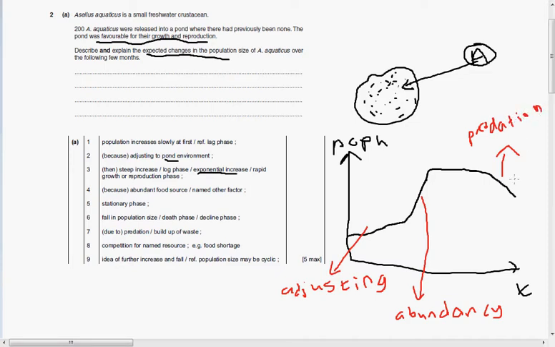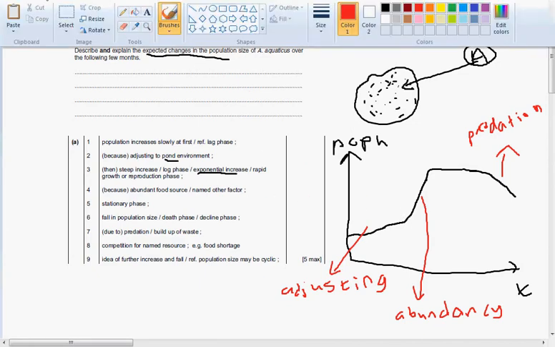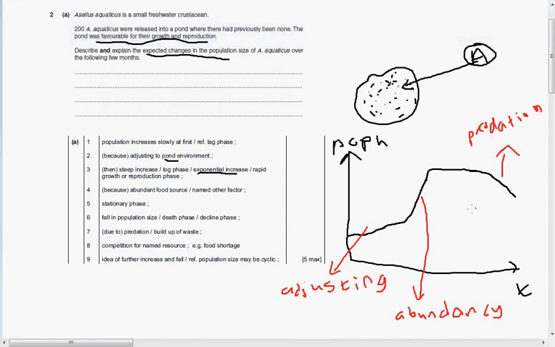As I said in the other video, there is more competition, and we know that every time there is competition, someone is dying, right? So there is an increase in competition, and an increase in predation, and so the slope will be going down.